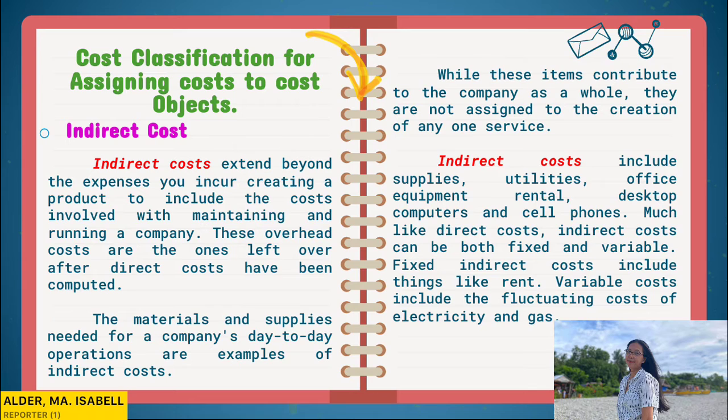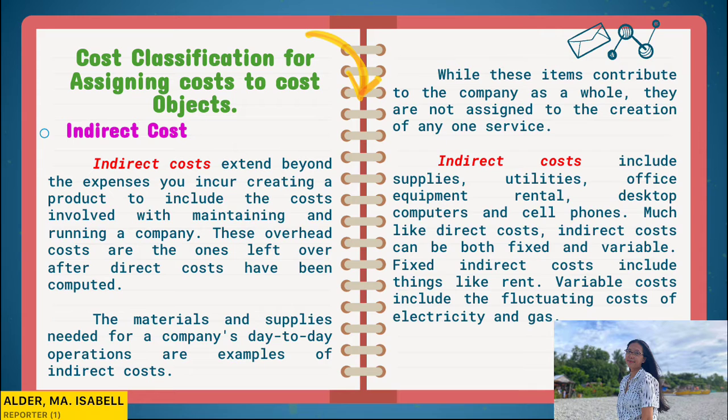The materials and supplies needed for a company's day-to-day operations are examples of indirect costs. While these items contribute to the company as a whole, they are not assigned to the creation of any one service. Indirect costs include supplies, utilities, office equipment rental, desktop computers, and cell phones.